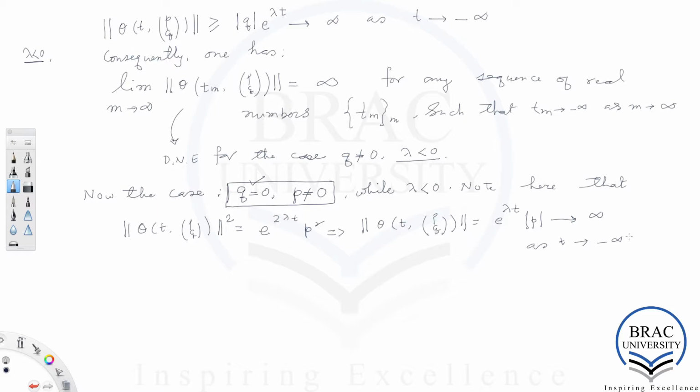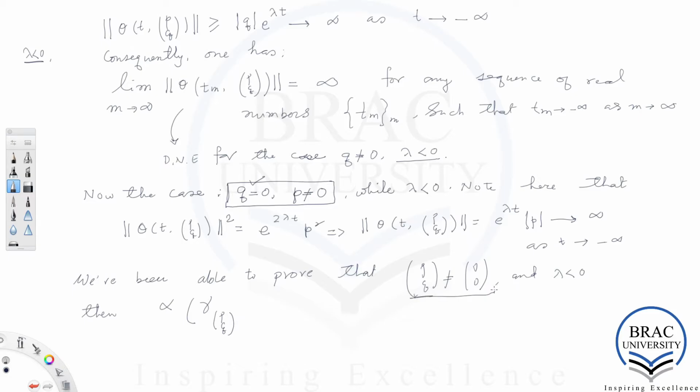Okay, good. Thus we have been able to prove that whenever we have this vector not equal to the zero vector and lambda is strictly negative, then the alpha limit set of the orbit of this point PQ is empty.